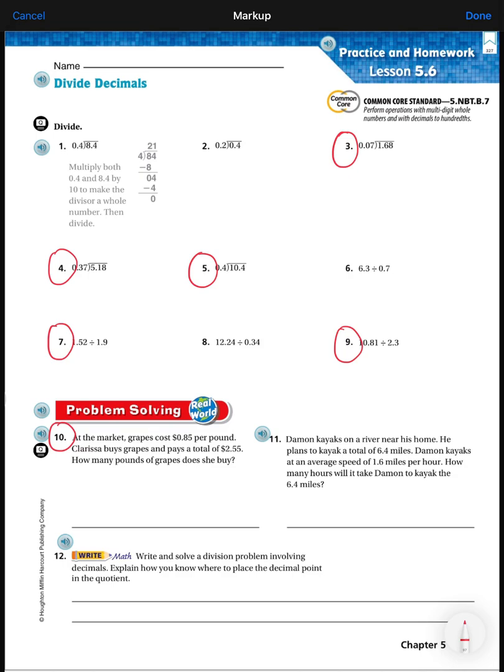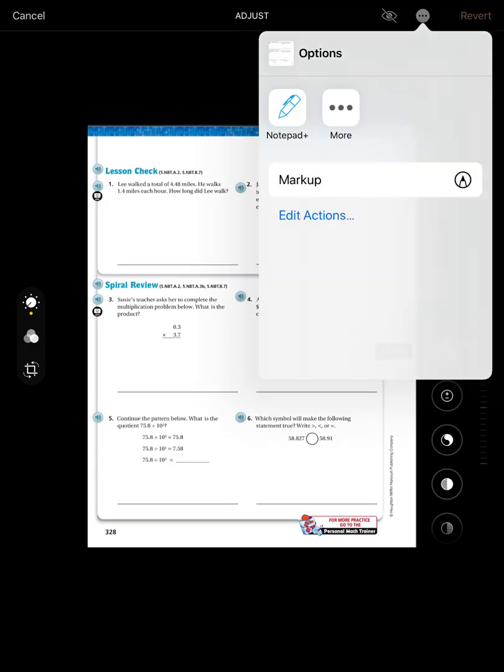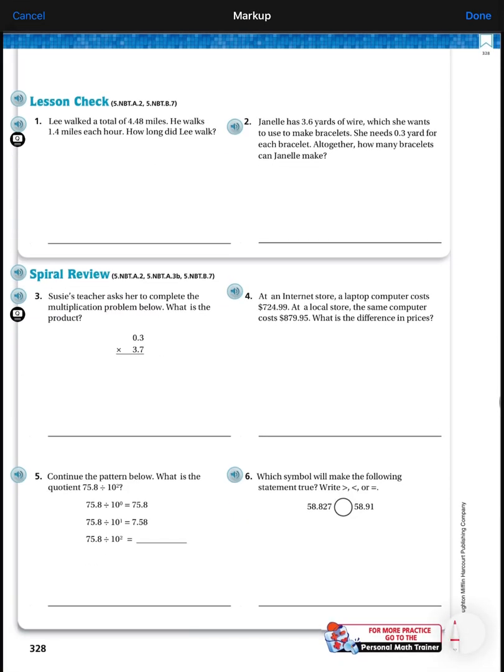Okay, so I've got 3, 4, 5, 7, 9, and 10 on page 327. Then on page 328, I want you to work on problems number 1, 3, and 6. 1, 3, and 6 on 328.